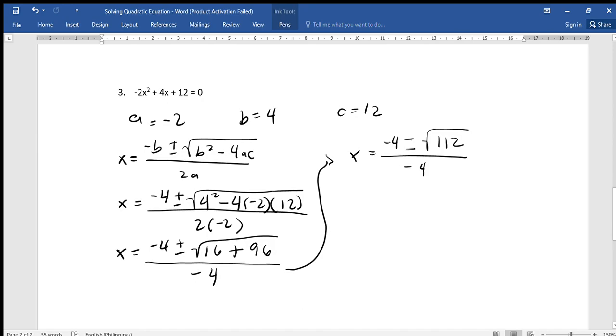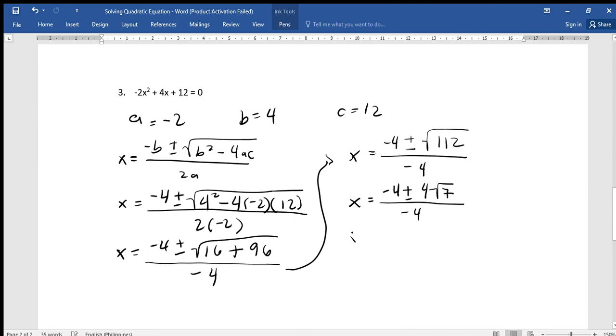So, check natin kung ano yung square root ni 112, 4 square root of 7. By the way, gumagamit ako ng calculator kasi hindi ko masyado makompute na mano-mano. So, x is equal to negative 4 plus minus 4 square root of 7, all over negative 4.